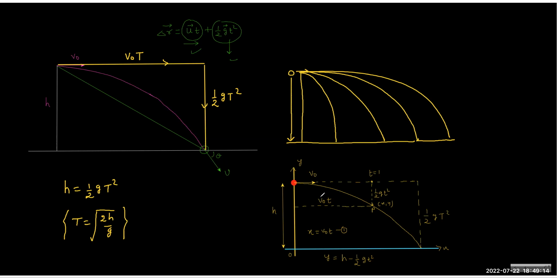And because we have t as a common variable, we can substitute the t from equation 1 into equation 2, and then what you get is the equation of path. The y and x relation is called the equation of path. Do you know this name? Equation of path means the relationship between the coordinates. So right now we have a relation in terms of time t.